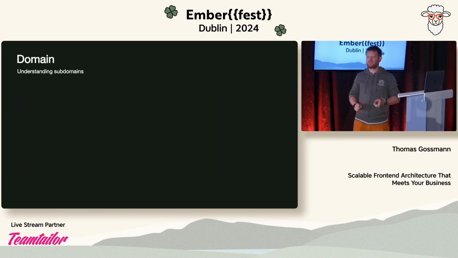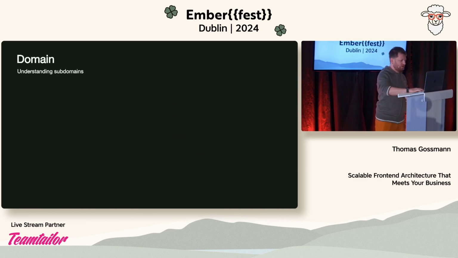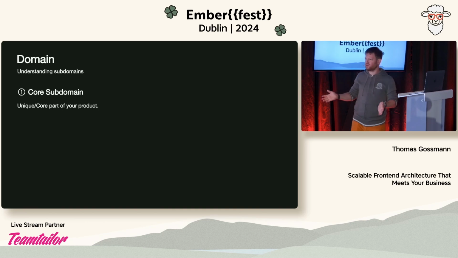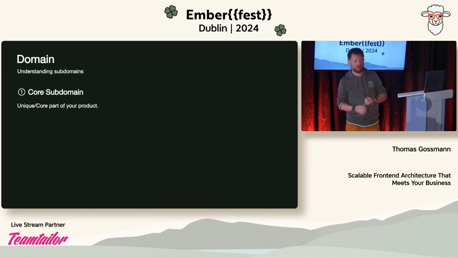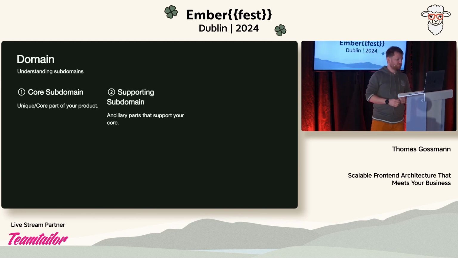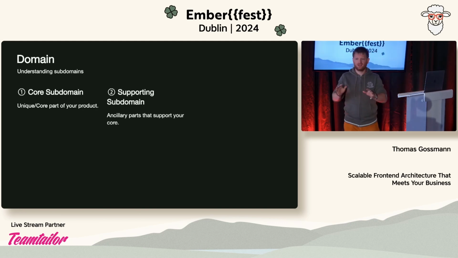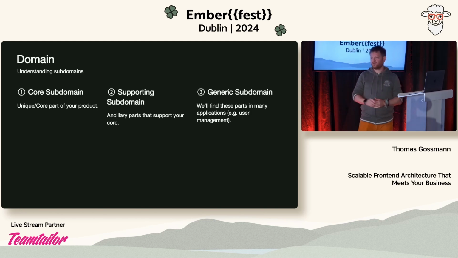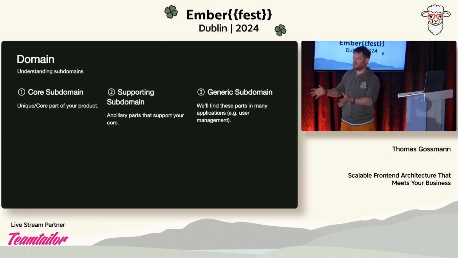So, first thing is understanding the domain, understanding the product you're working with, or the compartment. The first one is the core subdomain. This is what makes your business unique, what maybe lets it stand out against the competitors. Second is the supporting subdomain, so any ancillary parts that support your core domain. And then generic subdomain is everything that you basically need to keep it running.